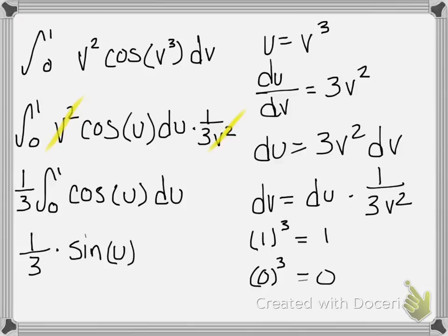The du goes away since we got the du by taking the derivative, so when we take the antiderivative, it goes away. And that is going to be from 0 to 1. Now we're just going to carry that over to our next slide.